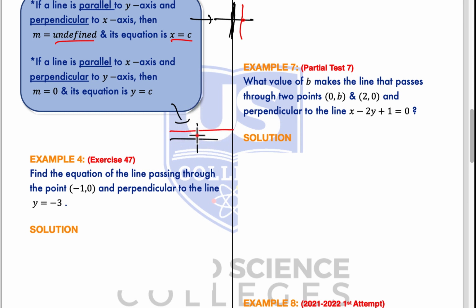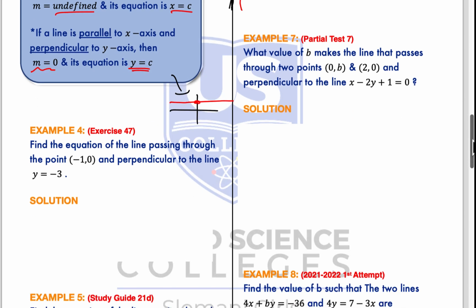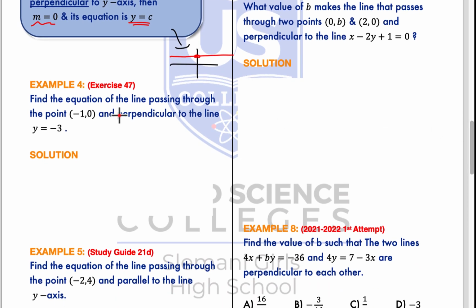What can you say about the slope? The slope of this red line is 0. And its equation is, since it's passing through the y-axis, y equals something. Okay, those are the key words. Don't memorize them. Just try to make sense. Try to picture it in your mind and graph it. Make a quick graph to see what's going on.